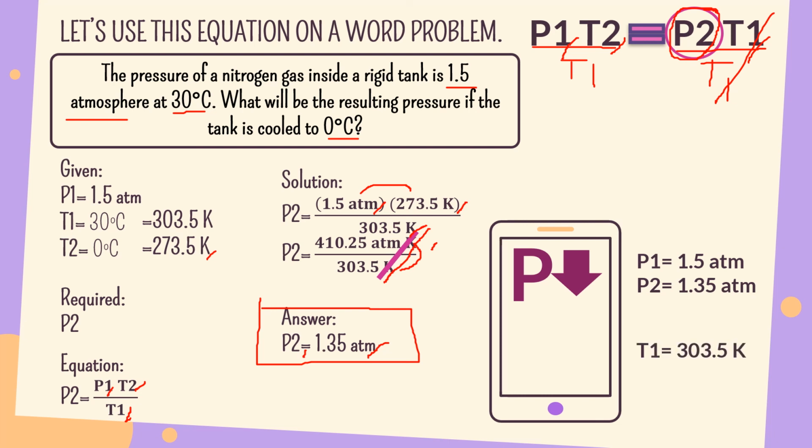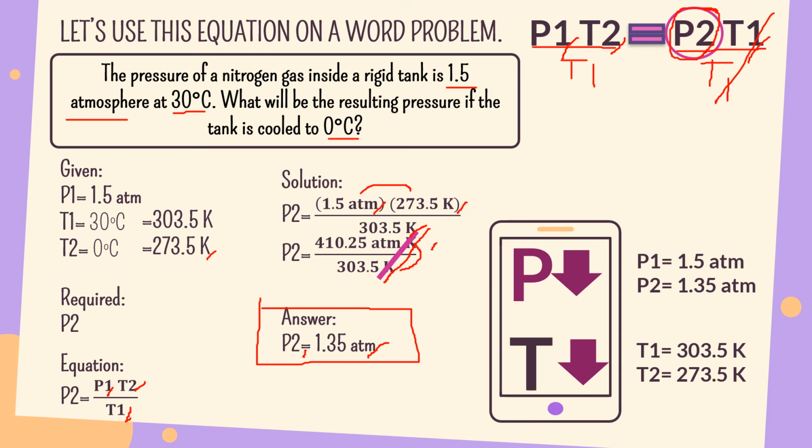How about temperature? Initially we have 303.5 Kelvin, and the final temperature is 273.5 Kelvin. So there is a decrease in temperature.